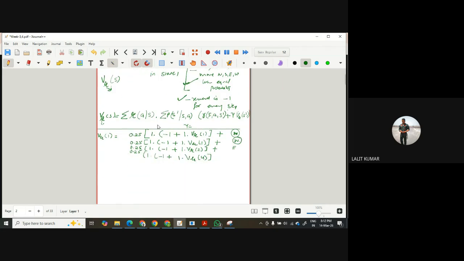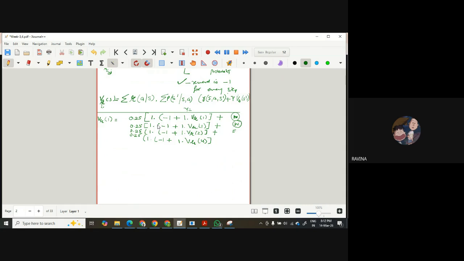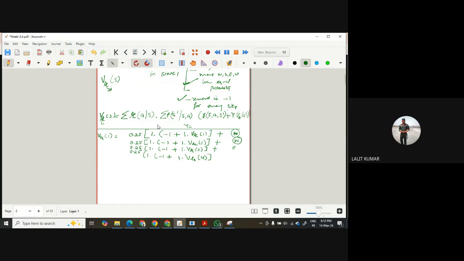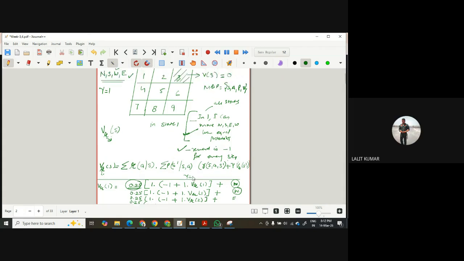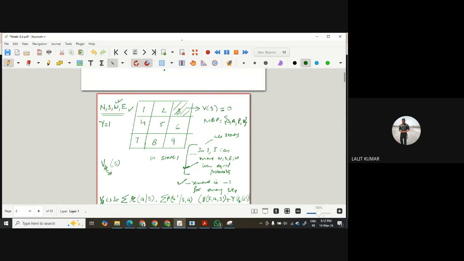I didn't get why the probability is one. Is it deterministic? See, this is a case when I'm going north, and the probability of that is 0.25. When I go north, what is the probability that I will come to 1? It is 1. I cannot go anywhere else if I'm going north. But then, sir, on east also you have taken one. Just hold on.